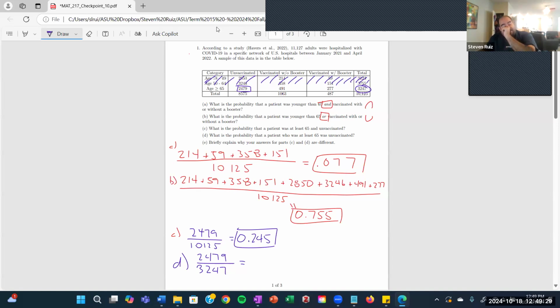In part C, the sample space I was looking at is everybody who was part of this study. In part D, my overall sample space is only the 65-year-olds, only the 3,247 people of that age group. And in this case, my probability is going to be 0.763.